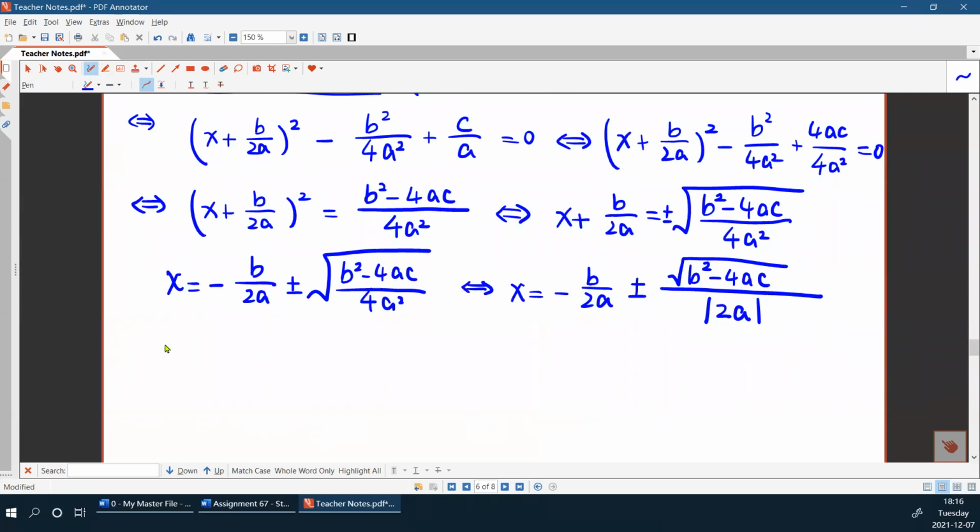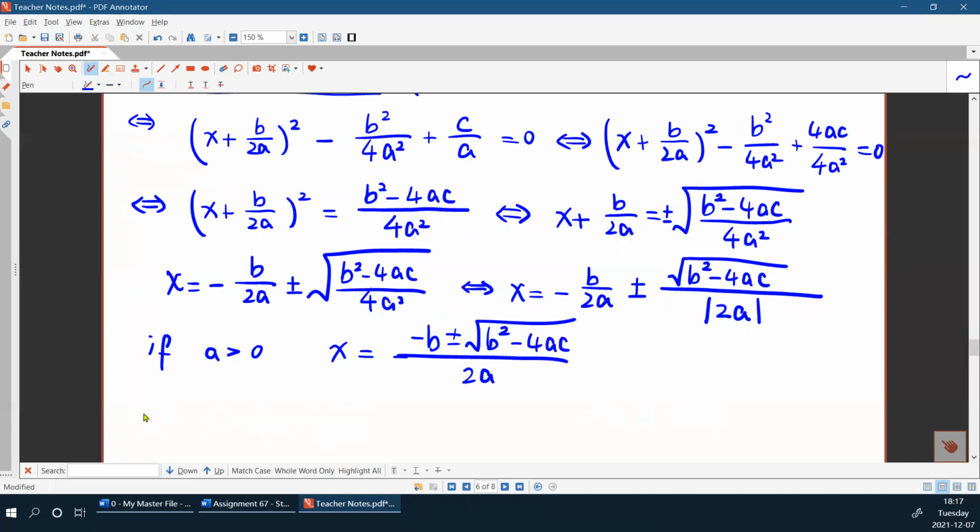So if 2a is positive, that means if a is positive, our solution is x equals minus b, positive or negative, the square root of b squared minus 4ac over 2a.